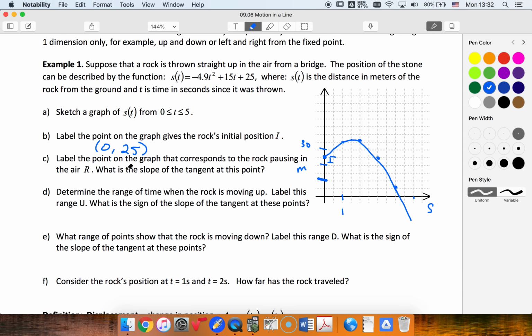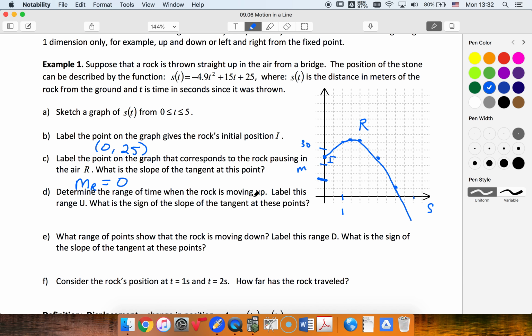The rock pauses in the air. At this point, my maximum, that's R. So we throw the rock up, it pauses for a brief second and comes back down. The slope of the tangent at that point, I'm going to call M sub R. That's of course 0. That's my maximum.